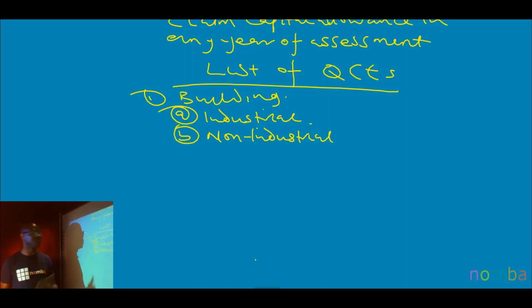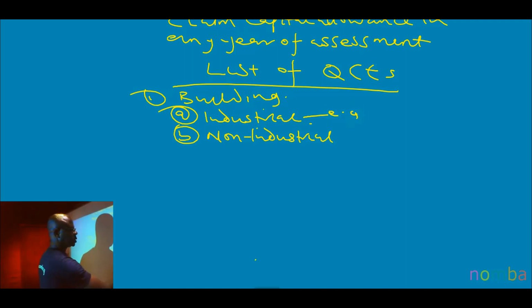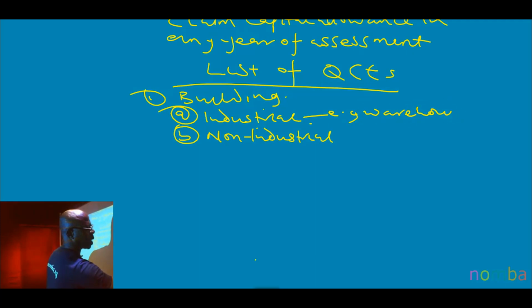Industrial buildings are buildings or expenditure in connection with workshop, jetty, mills, factory, warehouses, port, dockyard, shipyards. Alright? So, e.g., warehouse, factory, workshop, mills, etc.